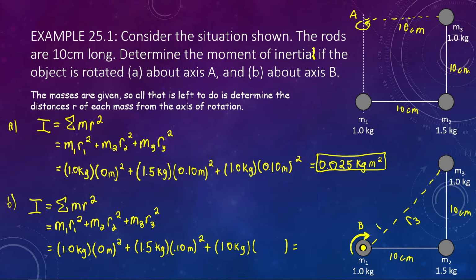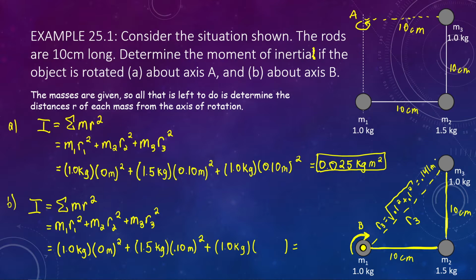So R3, by Pythagorean theorem, will be the square root of 0.1 squared plus 0.1 squared. So that's the two sides of the triangle, 10 centimeters and 10 centimeters. So 0.1 meters squared plus 0.1 meters squared, you take the square root of that, and you get 0.141 meters.